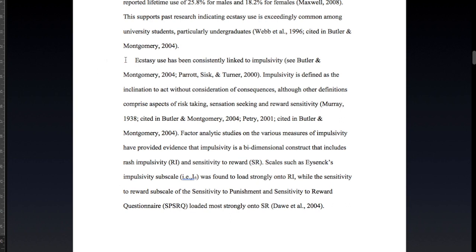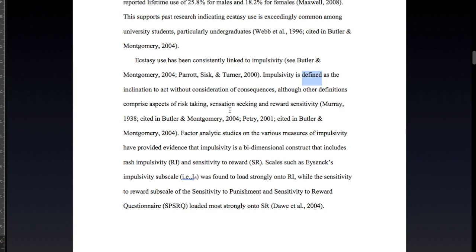Then I've got ecstasy use has been consistently linked to impulsivity. So then I'm giving sort of that background into why I'm talking about impulsivity in regards to ecstasy use, giving the definition of impulsivity, and talking about how it's sort of broken up into other little subsections.